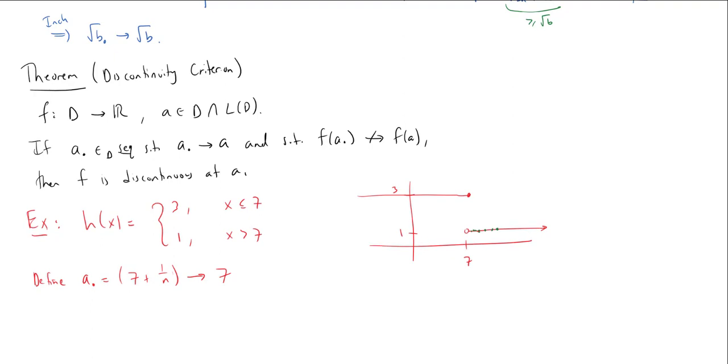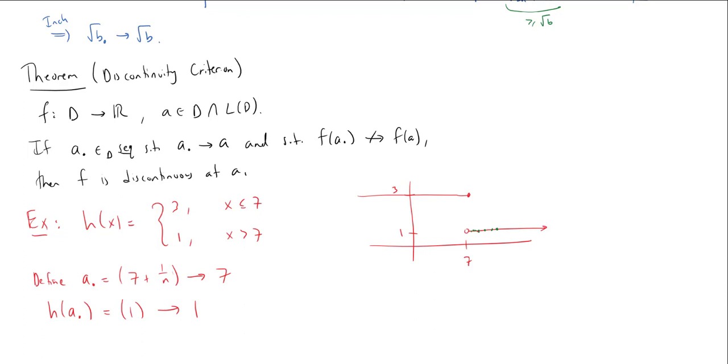Okay, so we're getting close to 7 from the right. And so what happens if I evaluate h on this sequence? I get a new sequence. It says h of 7 plus 1 over n. But for anything greater than 7, h is going to return 1. So this is a constant sequence, 1, which certainly converges to 1.